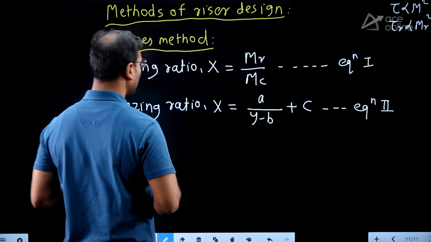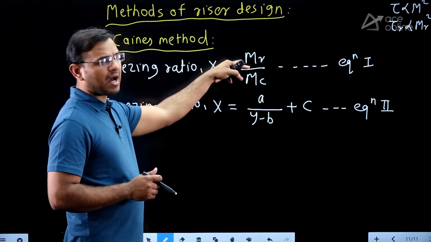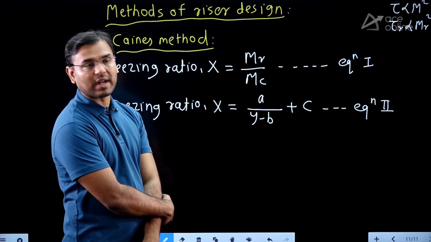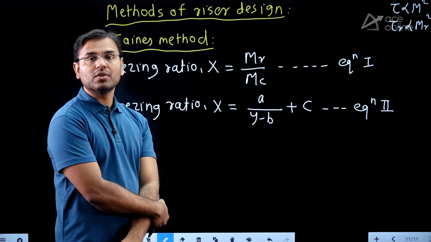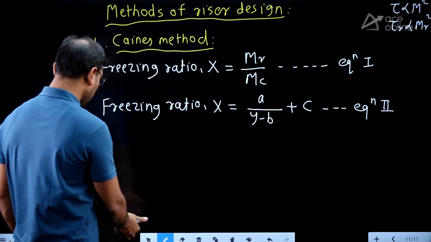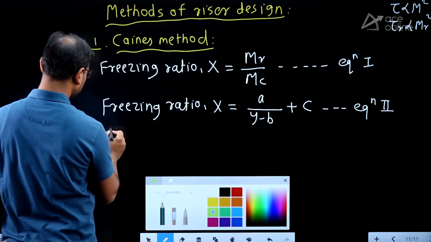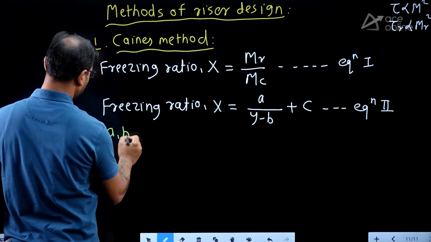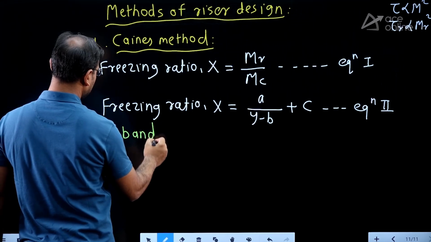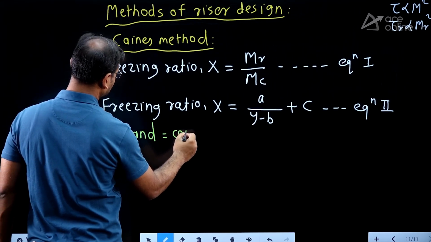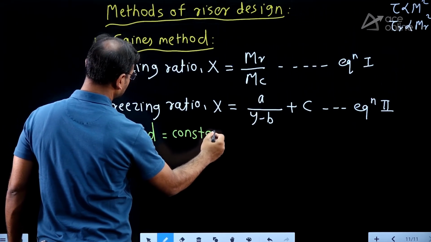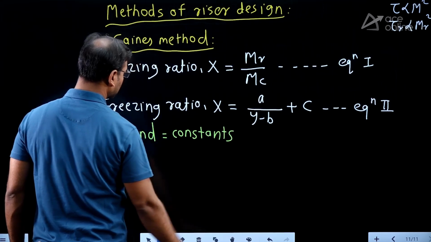Okay, guys, here now what is that capital Mr? Capital Mr is the modulus of riser. What is Mc? The modulus of casting cavity. What are a, b and c? Guys, a, b and c are constants.